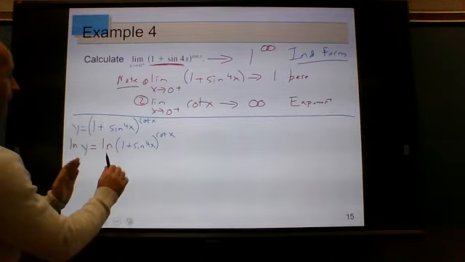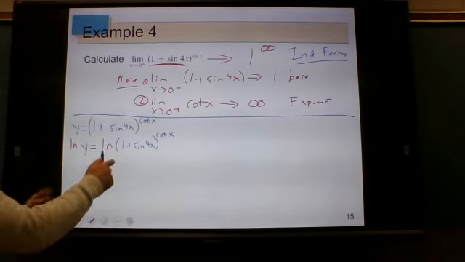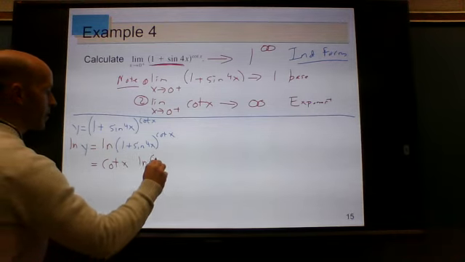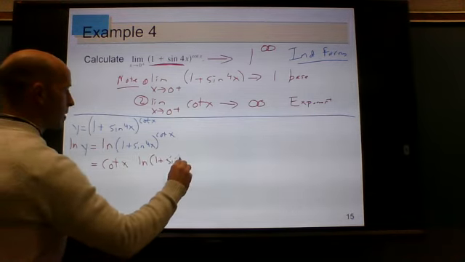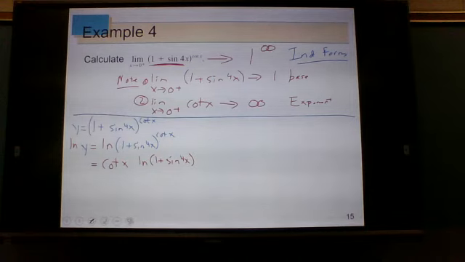Now, on the right-hand side, I can pull this cotangent x to the front. So now I've moved away from having an exponent to deal with to a product.